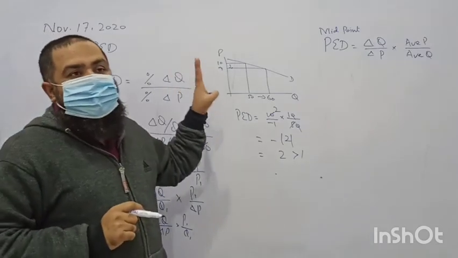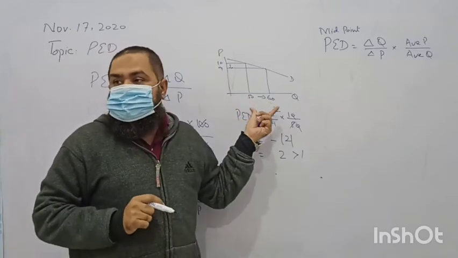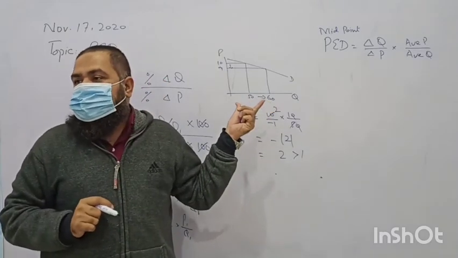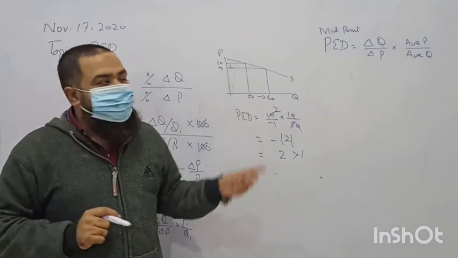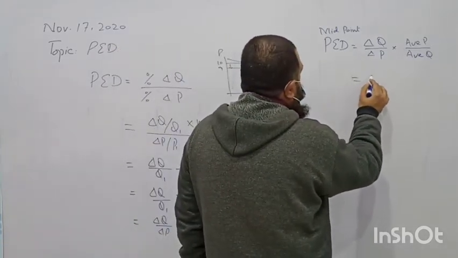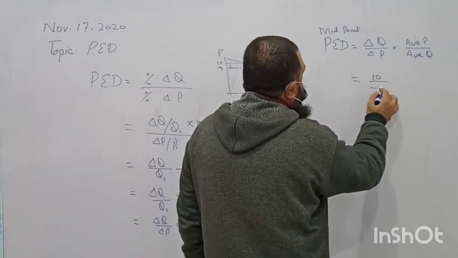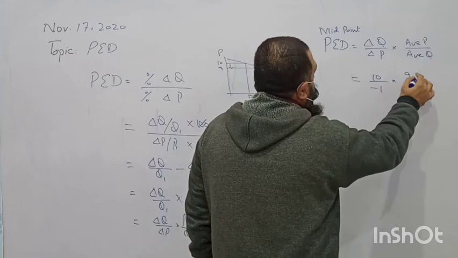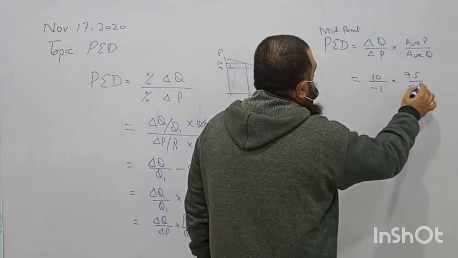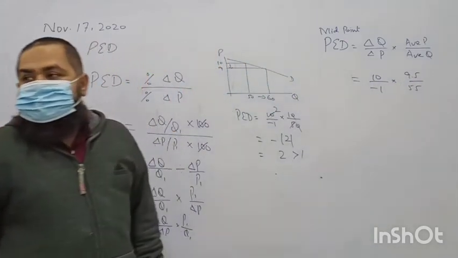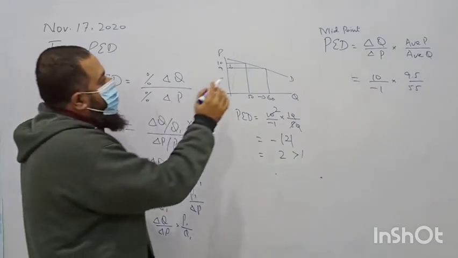This is 9.5. And what is the average quantity? 110 divided by 2, that is 55. So change in quantity is 10, change in price is minus 1, this is 9.5 and this is 55. Now this elasticity will be the midpoint elasticity.